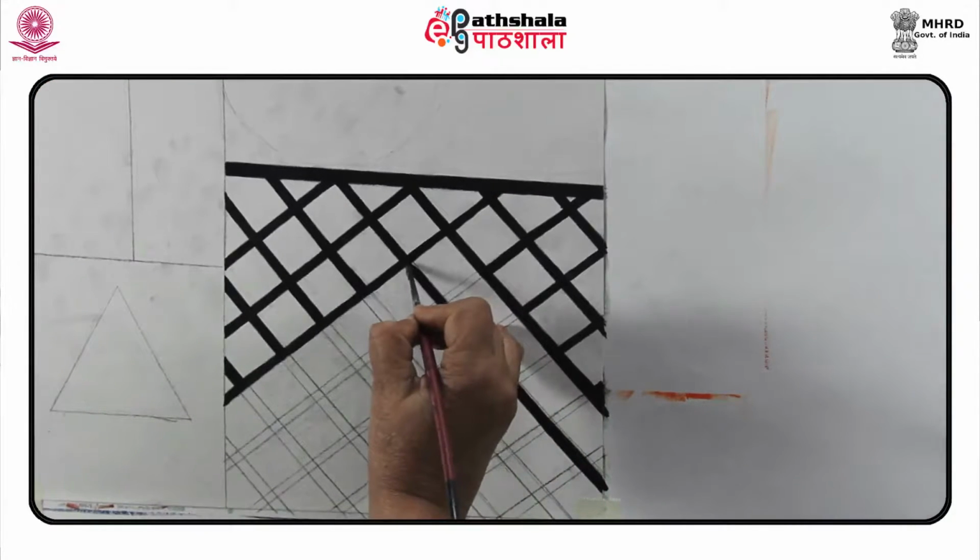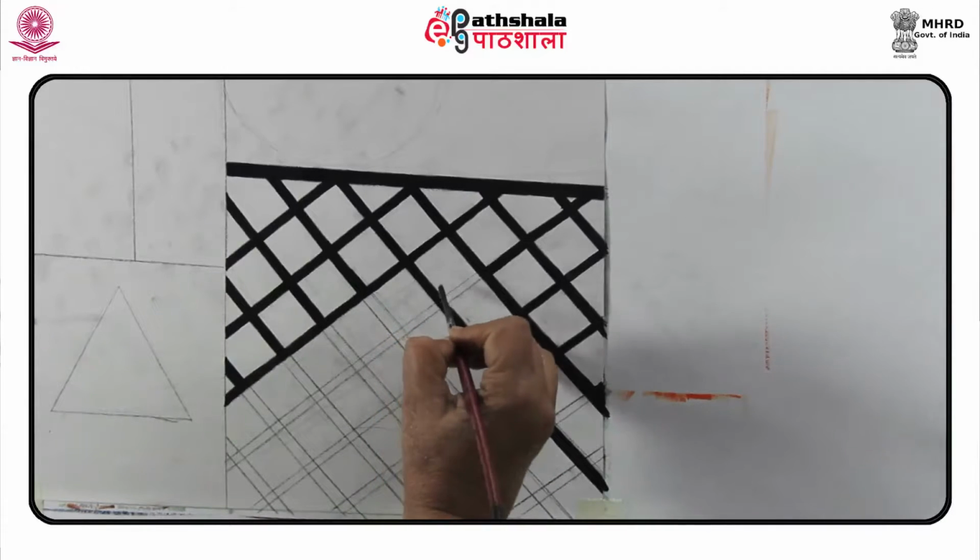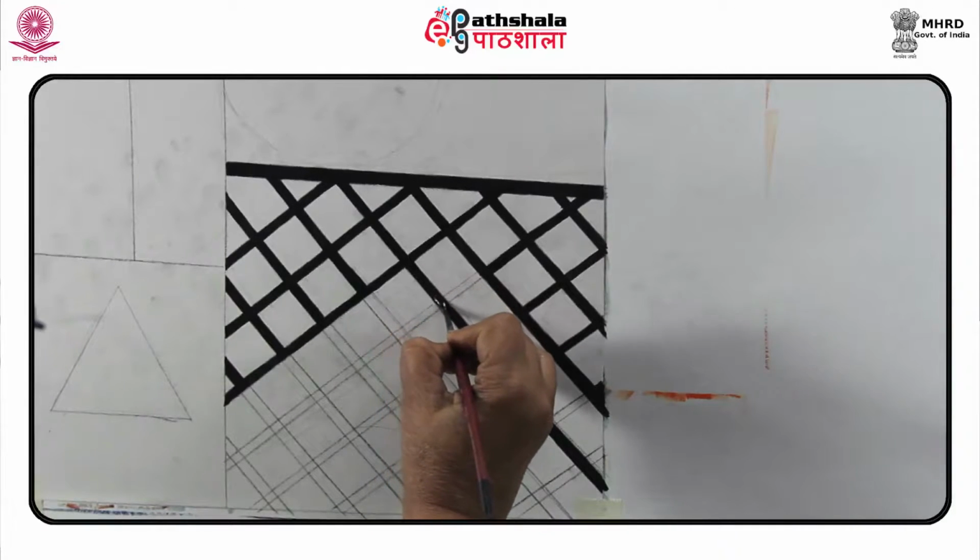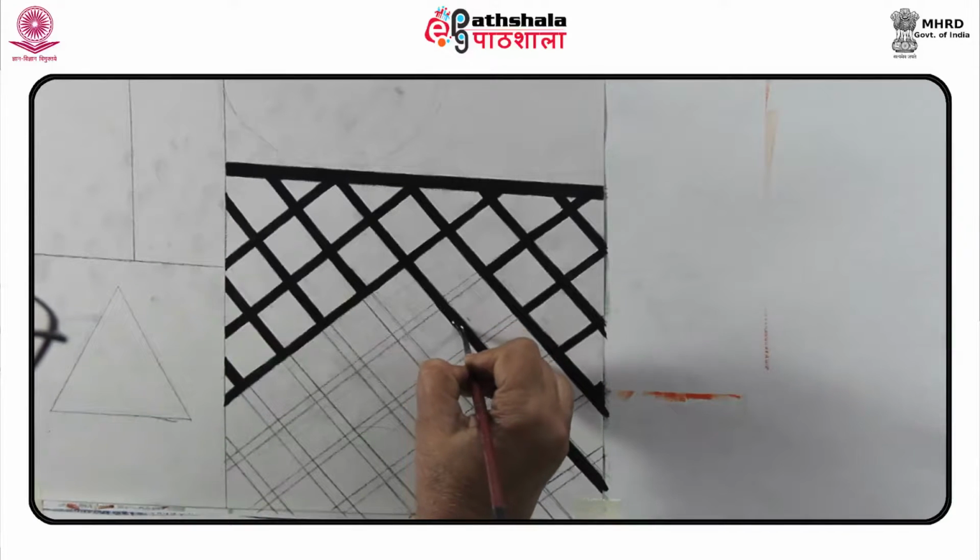The darkest part will therefore appear near the edge of the shade and will thence gradate towards the ground plane.